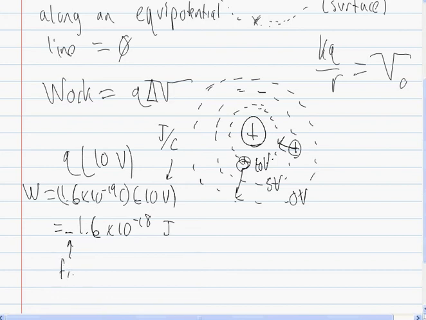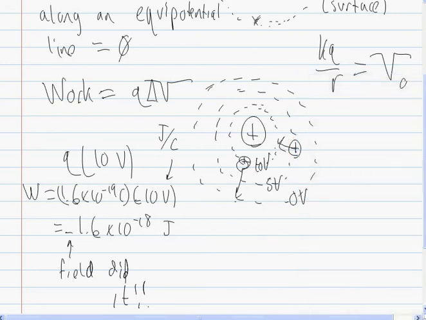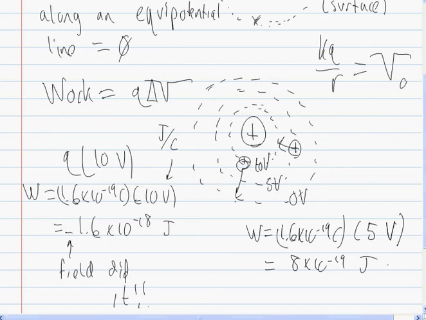Now, if I move from the 5 volt equipotential surface to the 10 volt, in that case, with a proton, I'll have 1.6 times 10 to the negative 19th coulombs. That's the charge. But I'll have moved up 5 volts, so that's going to be 8 times 10 to the negative 19th joules. You can see we gain energy doing that.